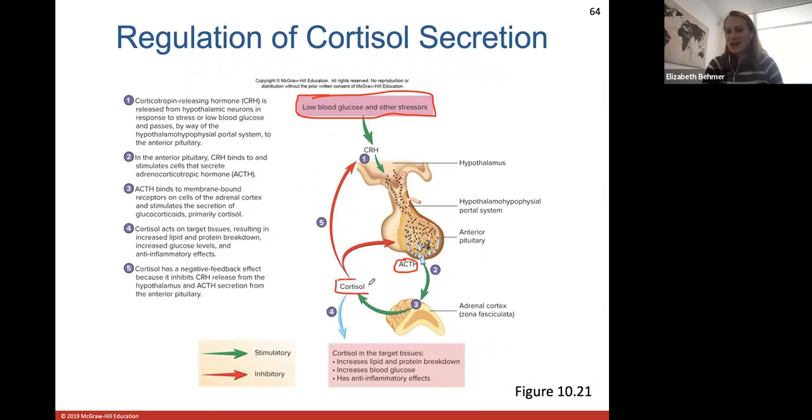And again, this is a negative feedback loop, in that once levels of cortisol are adequate in the blood, they will turn off the secretion of more cortisol. But cortisol will have anti-inflammatory effects and increase lipid and protein breakdown in order to increase blood glucose levels. So that is cortisol.